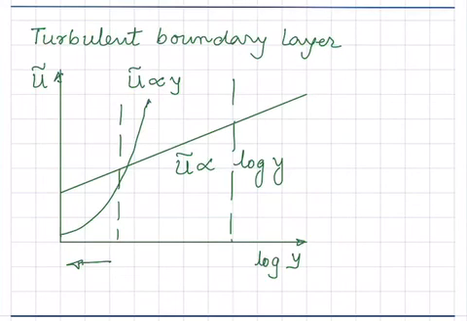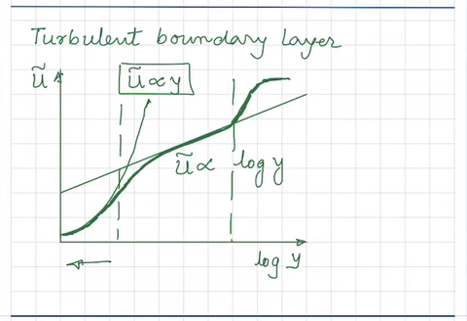So a boundary layer actually follows the linear part, which is the first curve initially. And then at some point it switches to this next curve, which is the logarithmic variation. It stays logarithmic for a while, and then it deviates from the logarithmic curve, and then at the end flattens out.